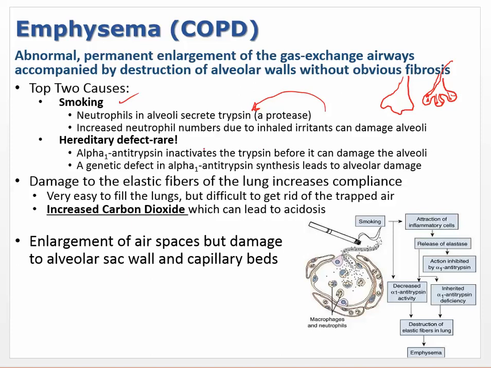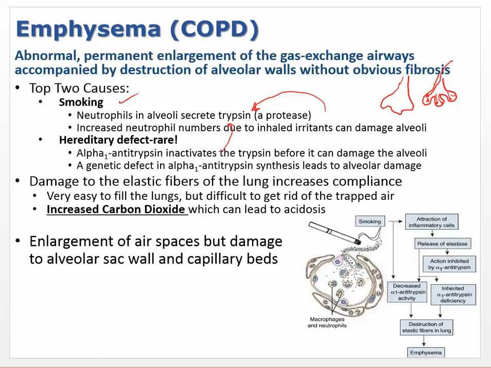Because the alpha-1 antitrypsin is supposed to inactivate that trypsin before it can damage it, but in the case of the hereditary version, it doesn't because it's not there. In the case of smoking, it's producing too much, which can cause damage.